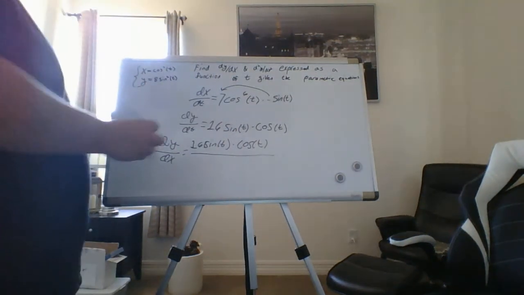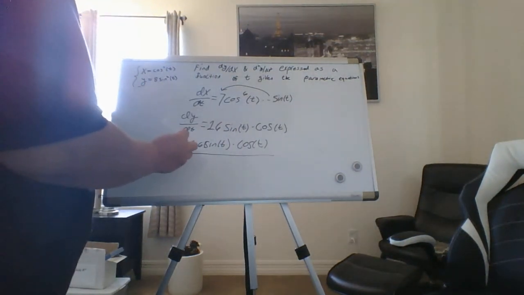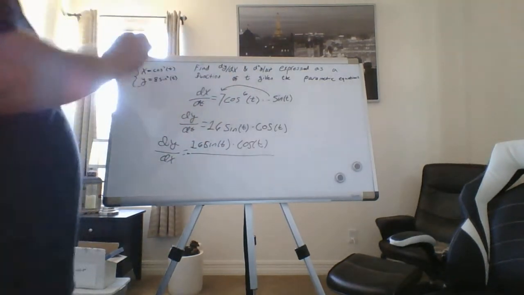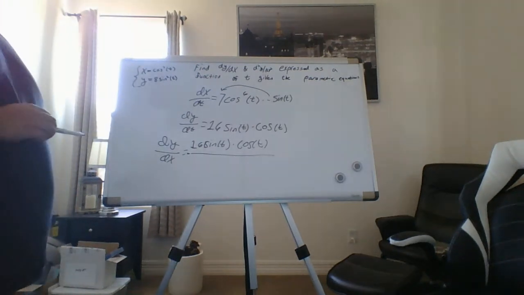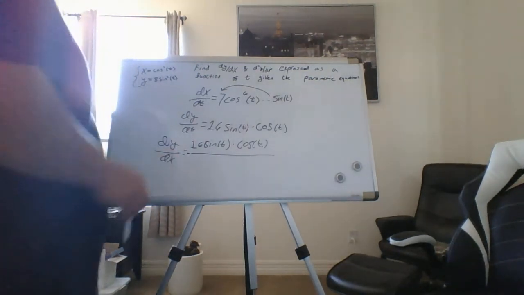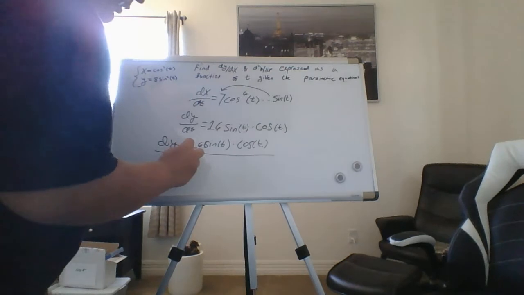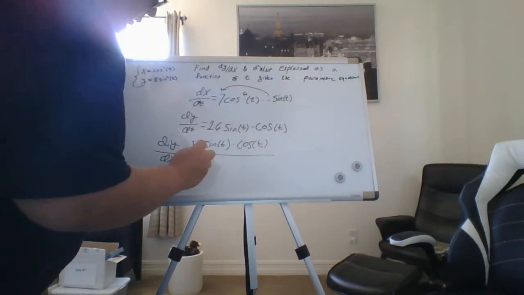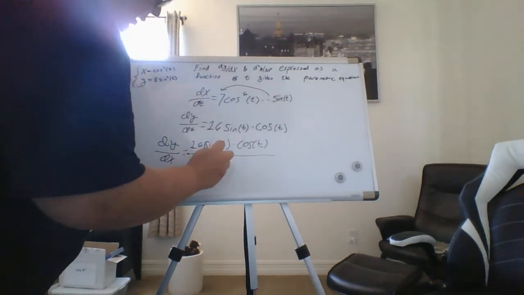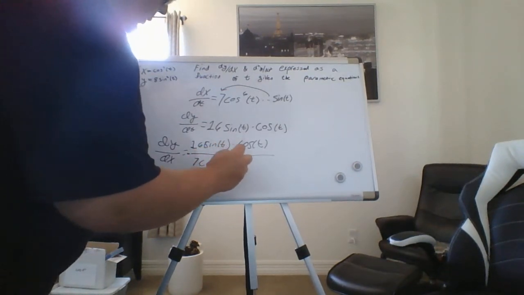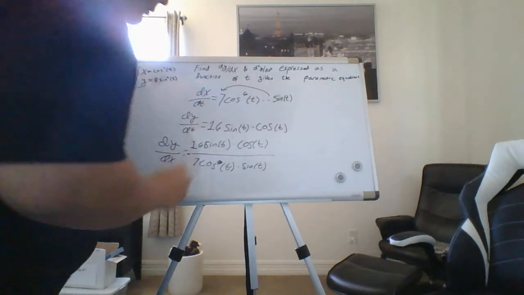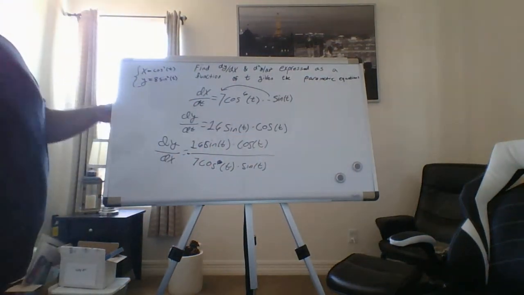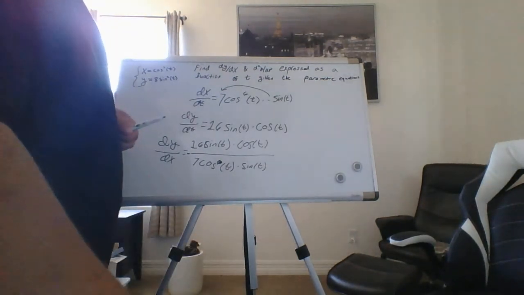Now we can make this whole fraction negative because of the denominator having that negative sine t. And there you have the first derivative of the function.